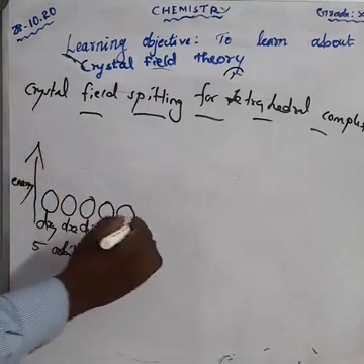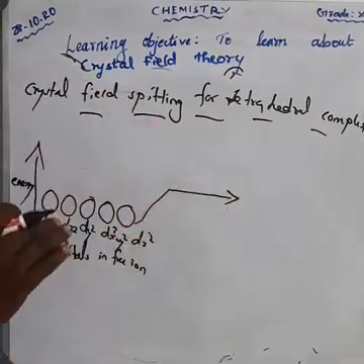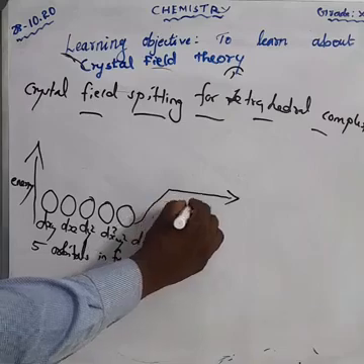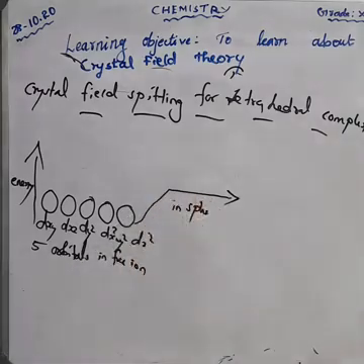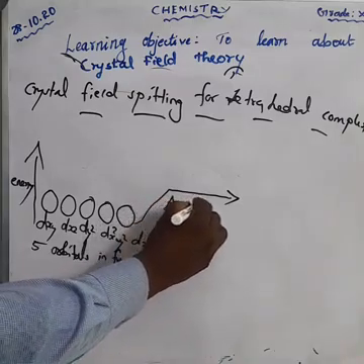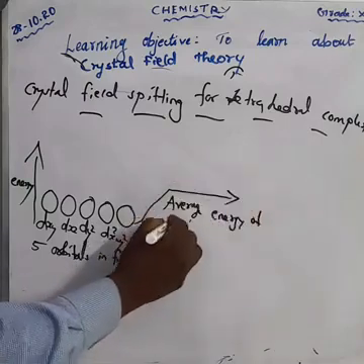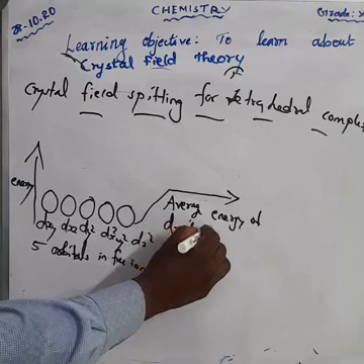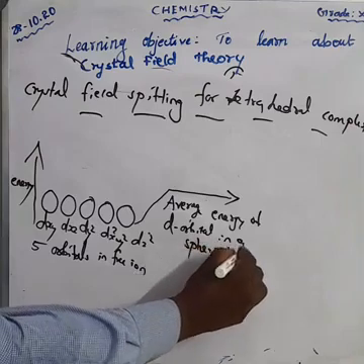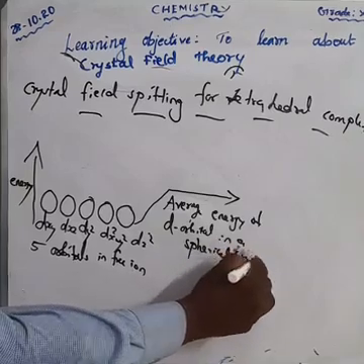What is the second step? It goes to the average energy. Average energy of d orbitals in a spherical crystal field.